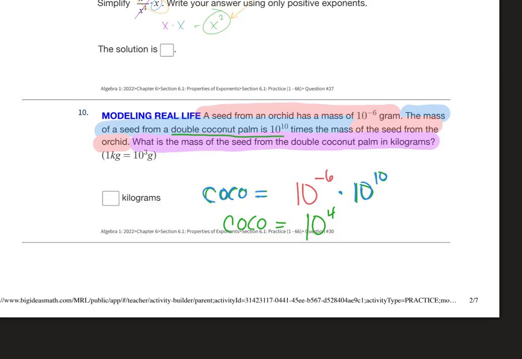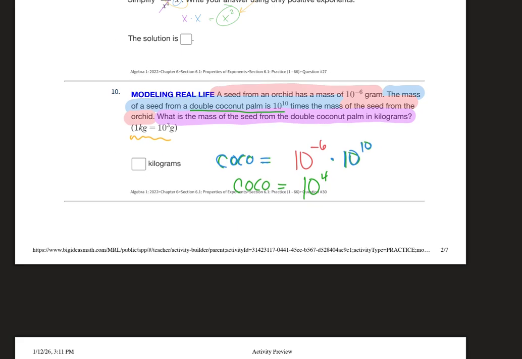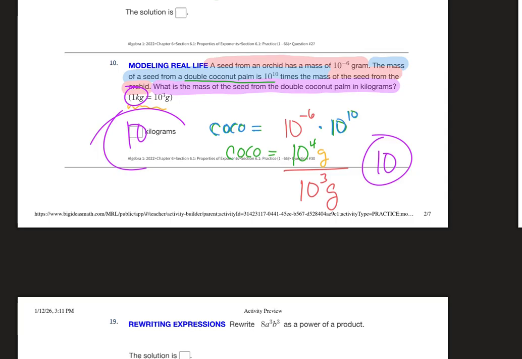Now we want to know how many kilograms that is, and they tell us that a kilogram is 10 to the 3rd grams. So if this is grams, we can divide by 10 to the 3rd, and that's going to give us kilograms. So 4 minus 3 is 1, and we get 10 kilograms.